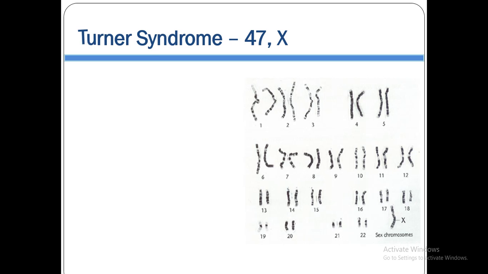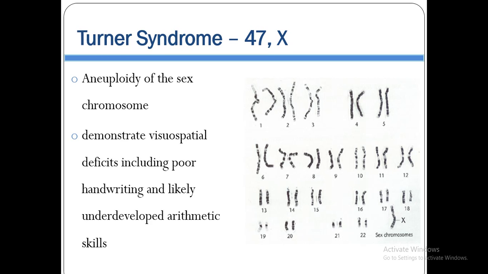Then we have the Turner syndrome, by which instead of having 46, they only have 45. Allow me to correct this number. It is 45 because the sex chromosome here is lacking a pair. People having Turner syndrome demonstrate visuospatial deficiencies, are poor in handwriting, and have underdeveloped arithmetic skills.